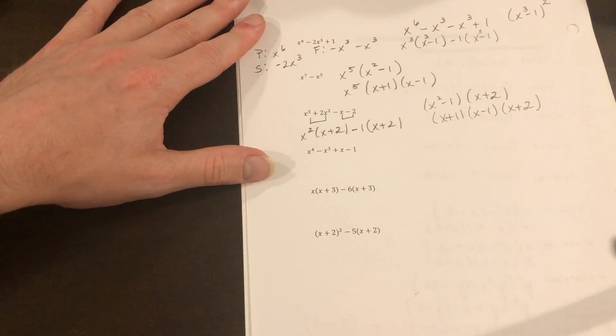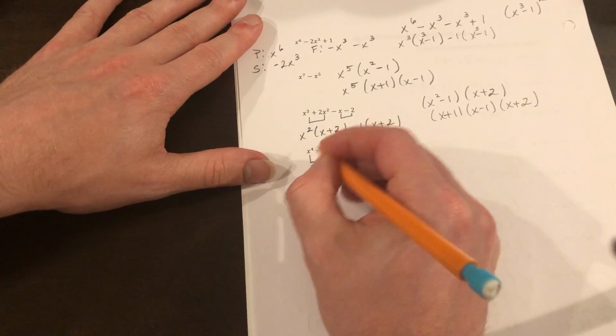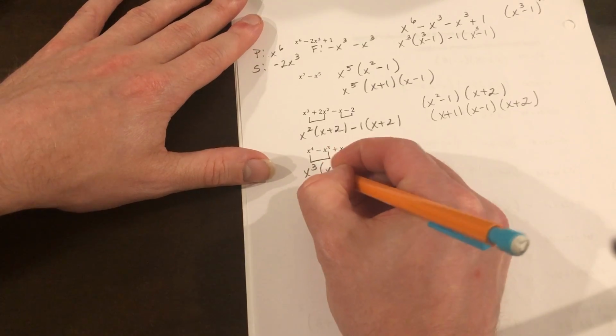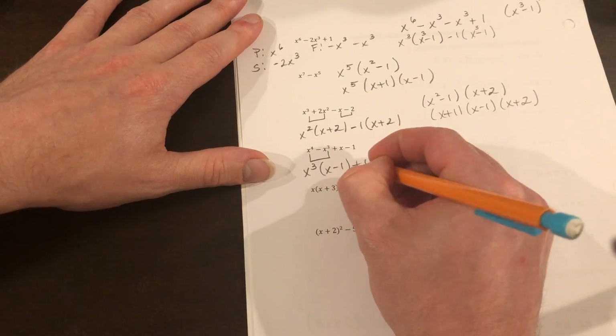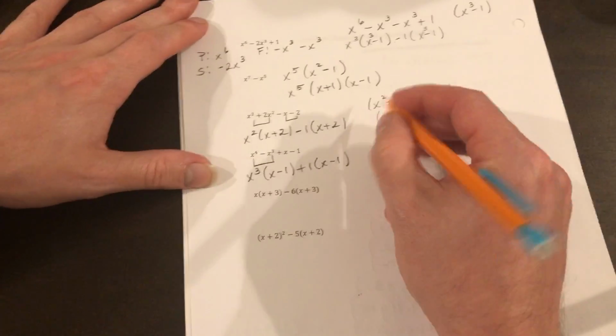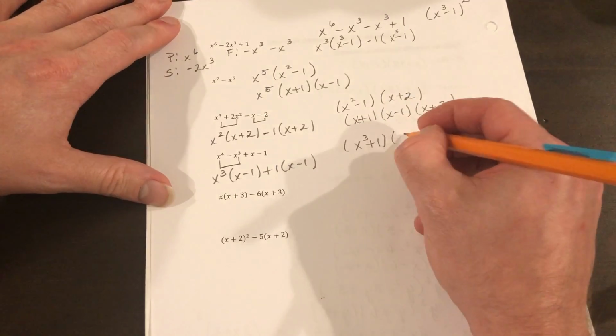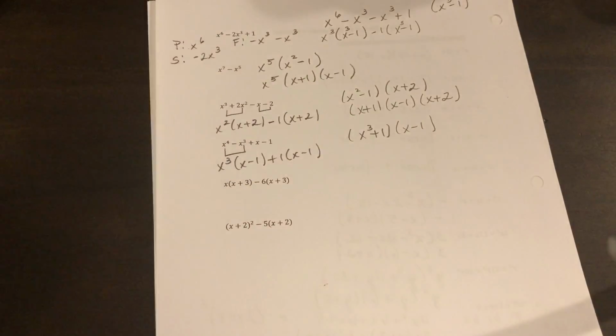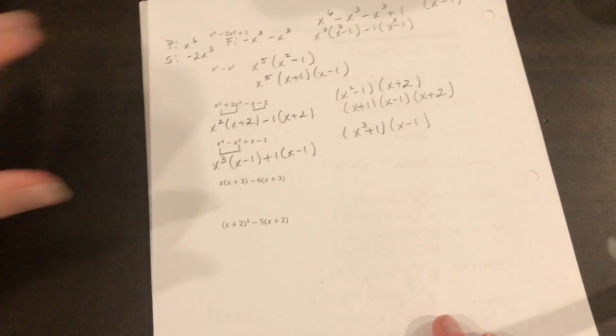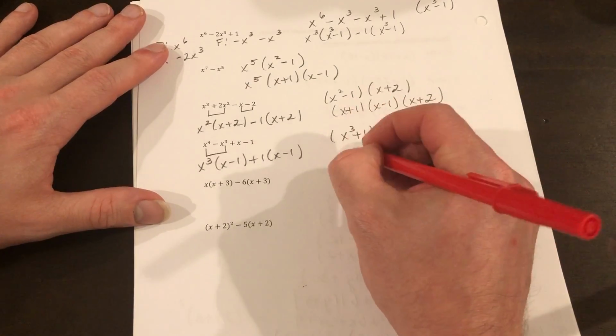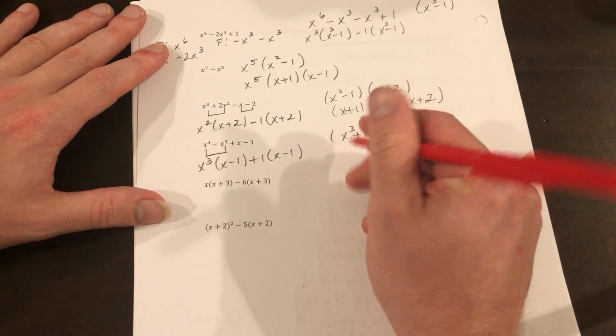Next example problem. First two terms have an x cubed in common. They have a 1 in common. So when we go to factor by grouping, it's going to look like that. Now, we know that sum of cubes can factor down.